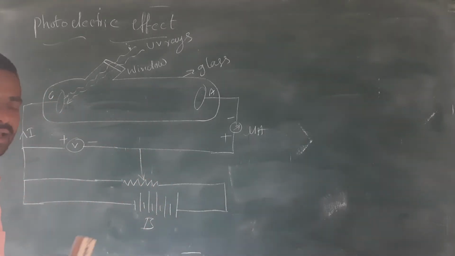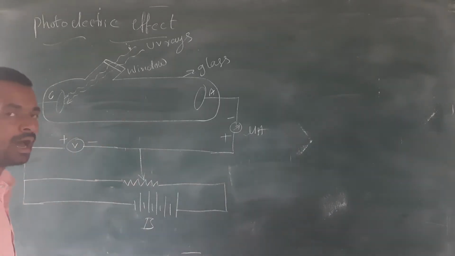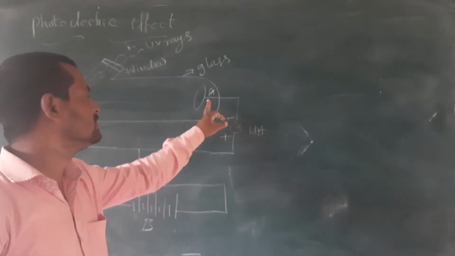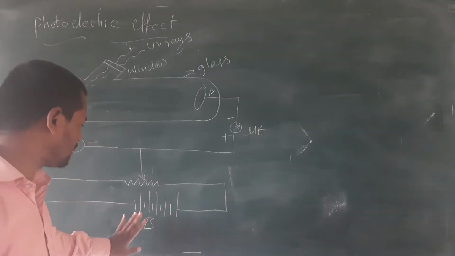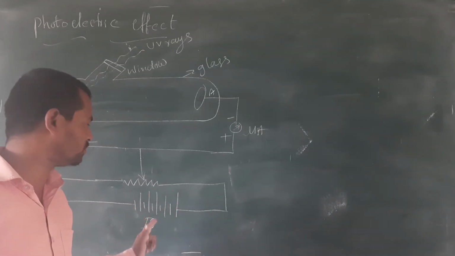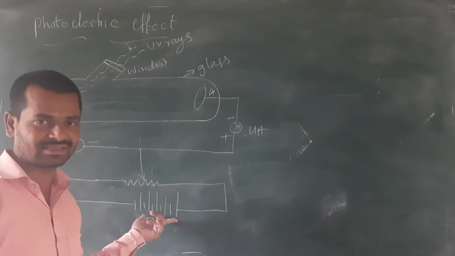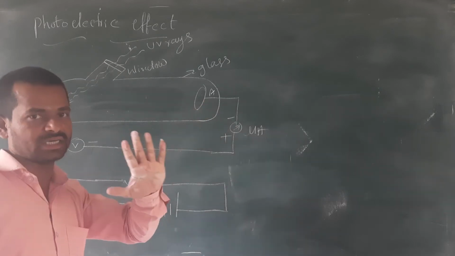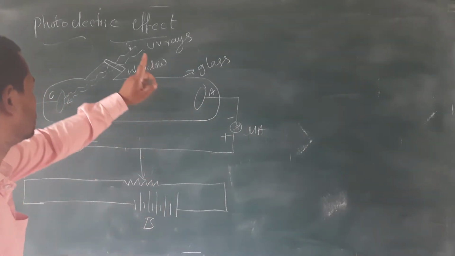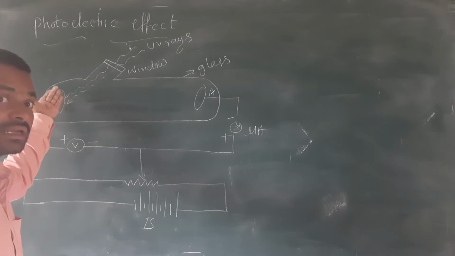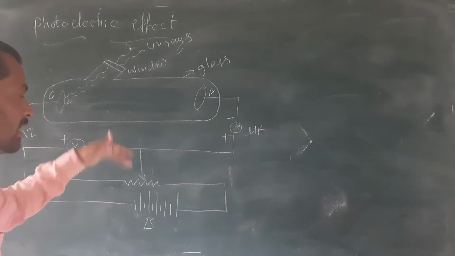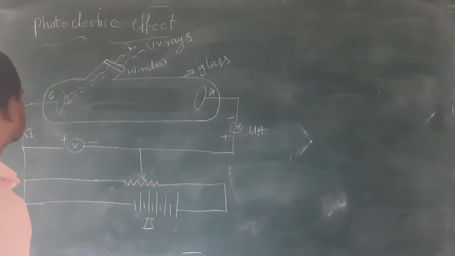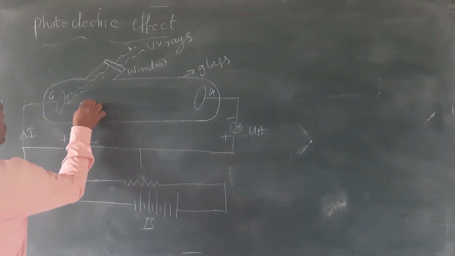Those emitted electrons can be attracted to the anode. It is a high tension battery, meaning many batteries are connected, so all these batteries can make it more positive. So the light falling on the cathode emits electrons, and these emitted electrons are attracted to the anode. That is why electrons can travel towards the anode.